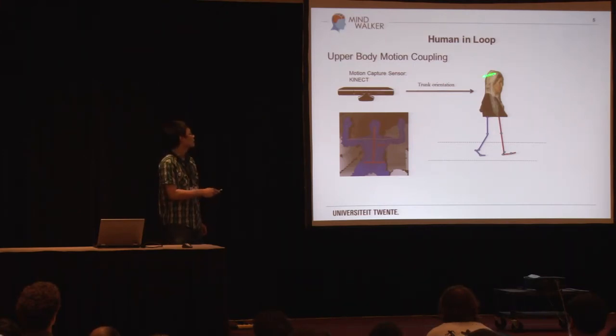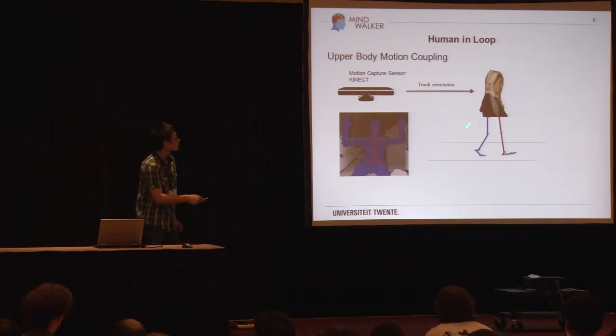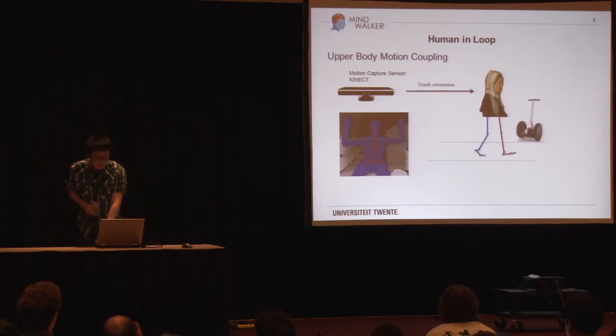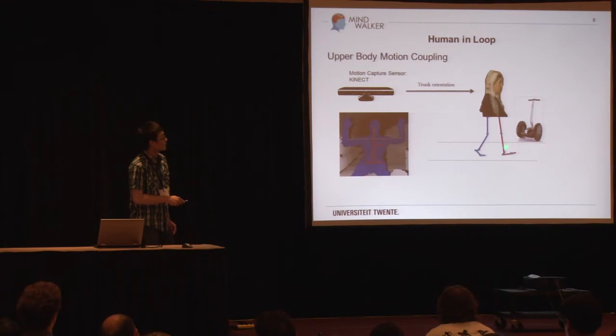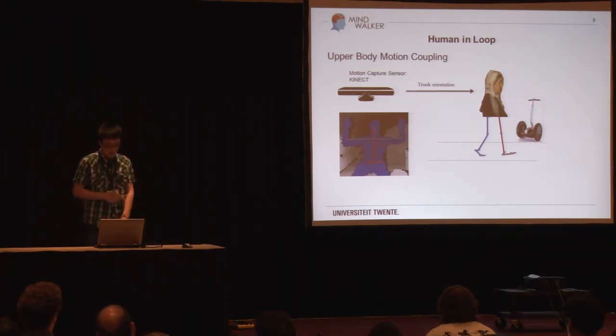We sense the human trunk motion with a Kinect and map it to the robot, letting the human control the trunk of the robot, while the controller controls the lower part. The controller doesn't know that the human is controlling the trunk. It looks like a Segway, but we have legs, so we can call it Legway.